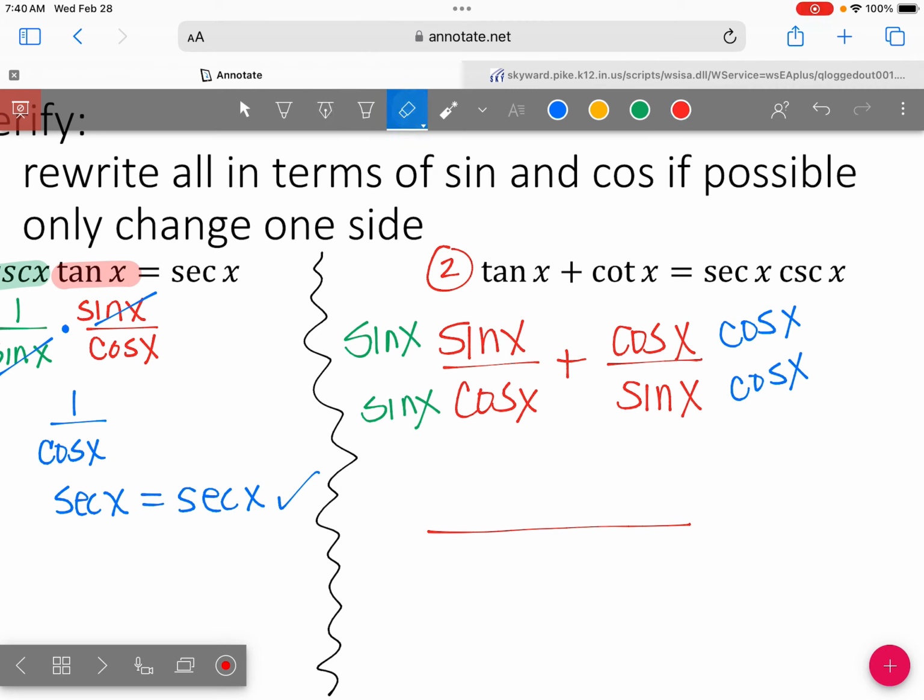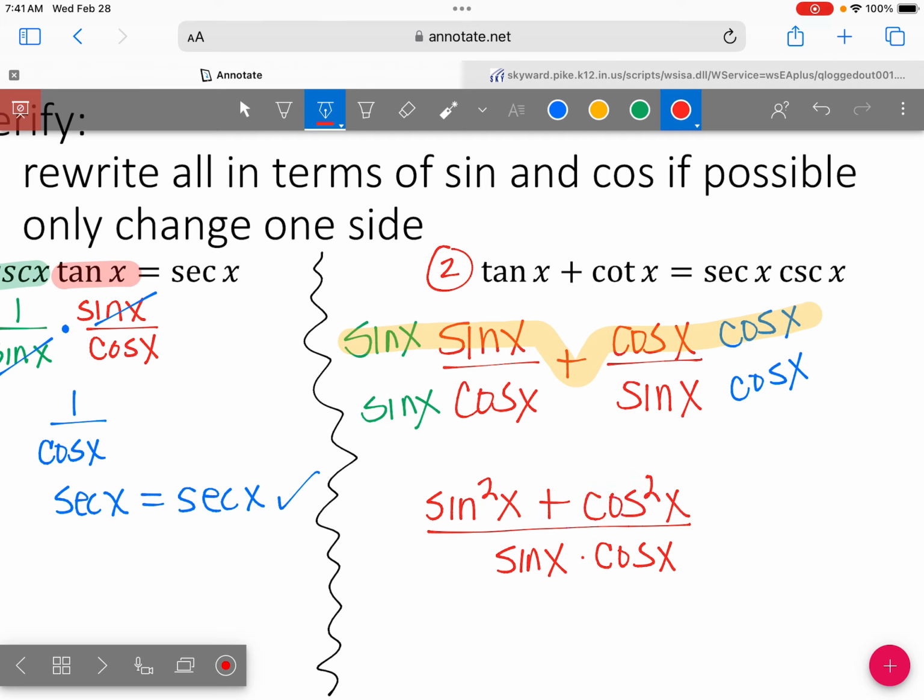My denominator is sine times cosine, so I'm going to write that down. And when I go across the top, I have sine times sine plus cosine times cosine. So sine times sine is sine squared plus cosine times cosine, which is cosine squared.